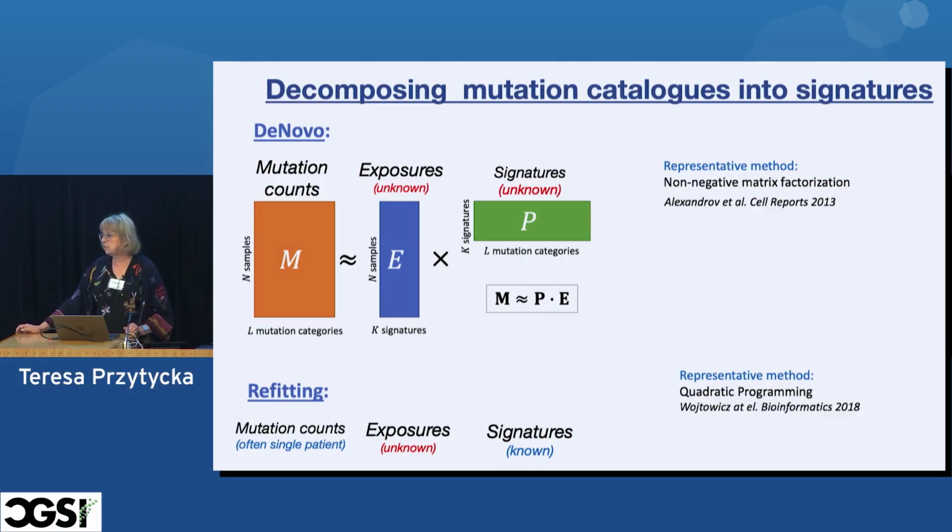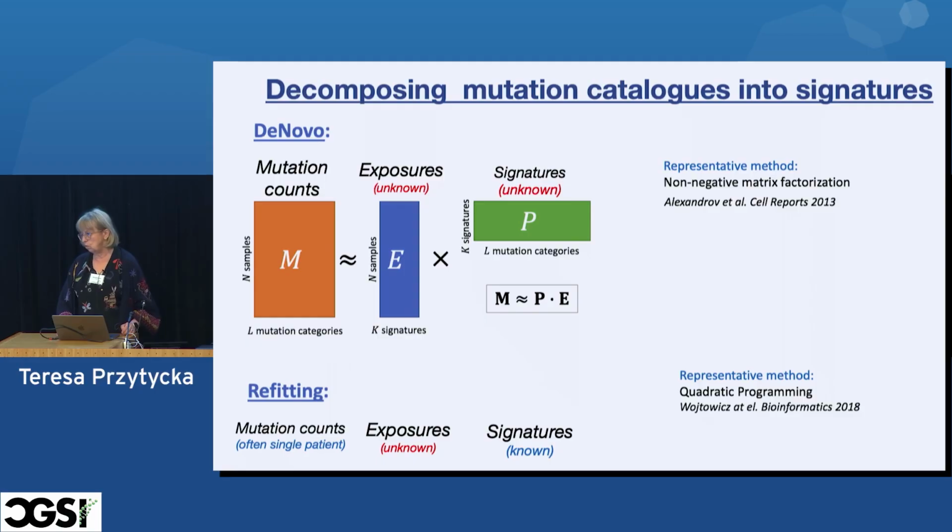And then on the other side, similarly as in the cell type decomposition, we may assume that we actually know the signatures, and our goal is only to identify the exposures of given individuals to those signatures. A typical method here would be quadratic programming.